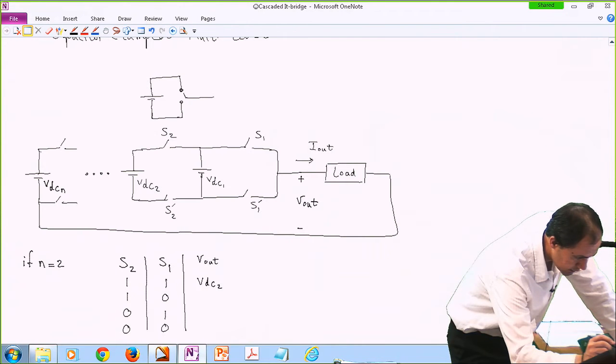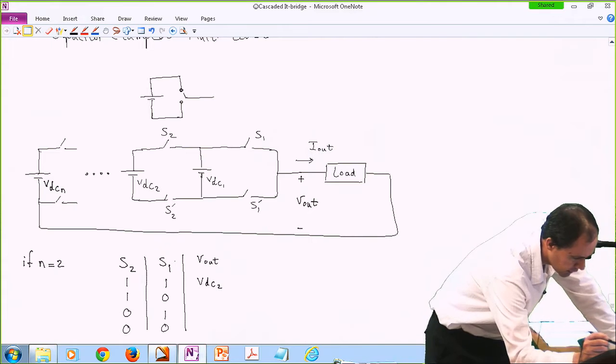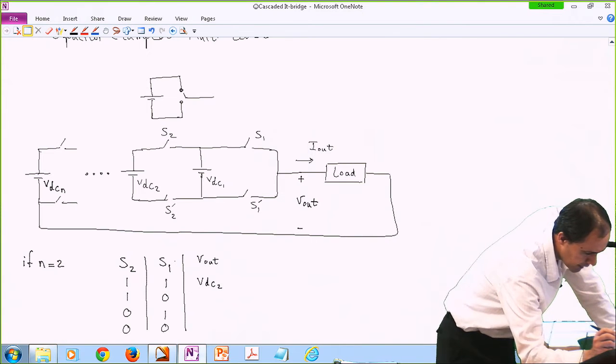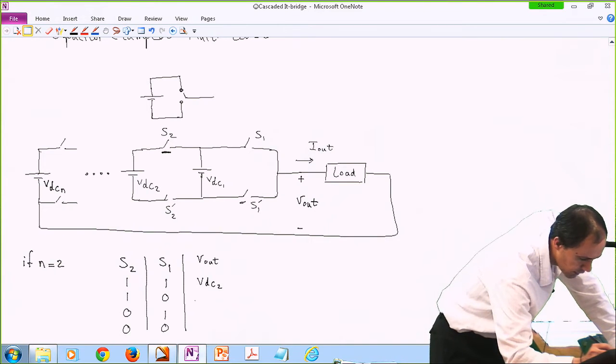Wait a minute. Let me see, S2, S1. Somehow my notes are, okay, let's look at this. S2 is on, so I have a short here. Oh, this is on. Okay, so this is VDC2 minus VDC1.